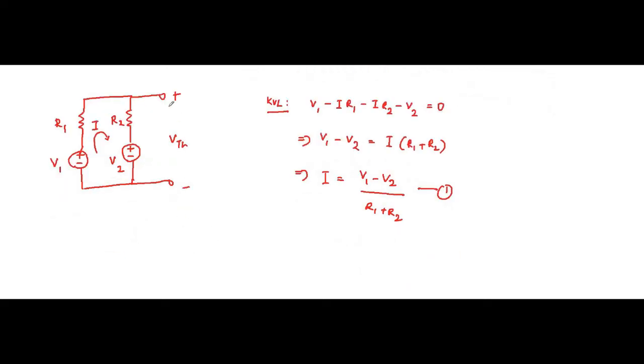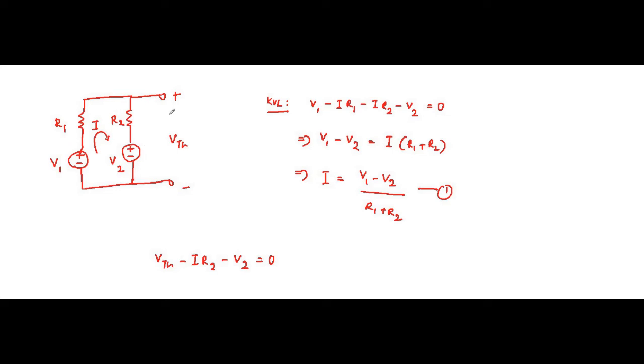Now, if we apply KVL in this outer loop, where we have to find the Thevenin voltage, this equation will be VTH minus IR2 minus V2 equals 0.